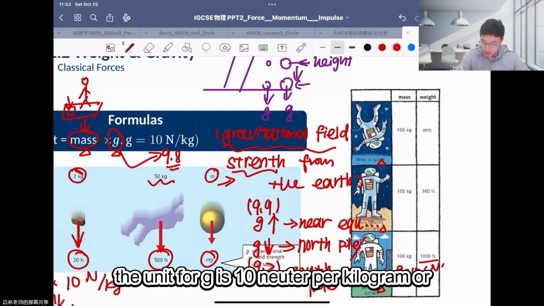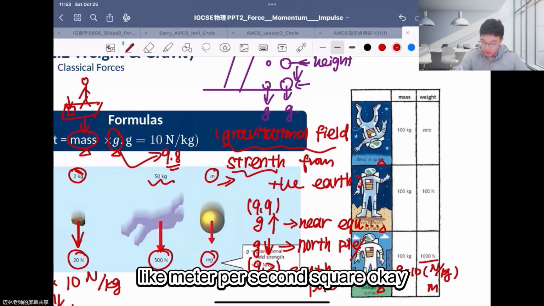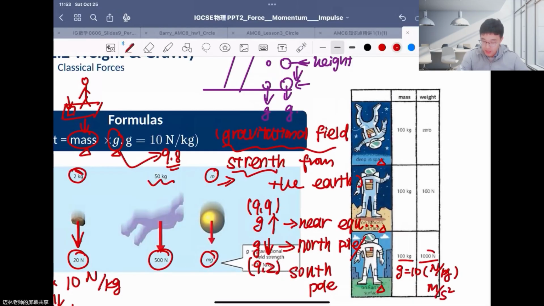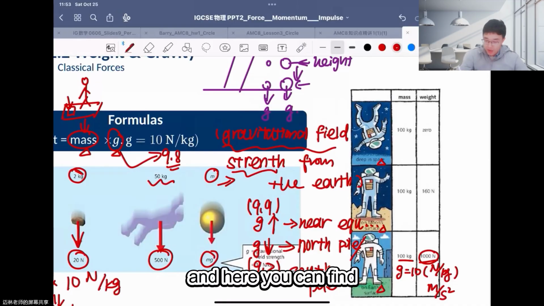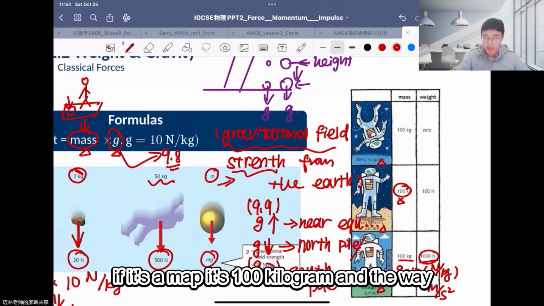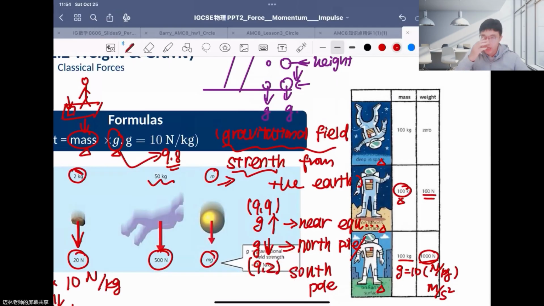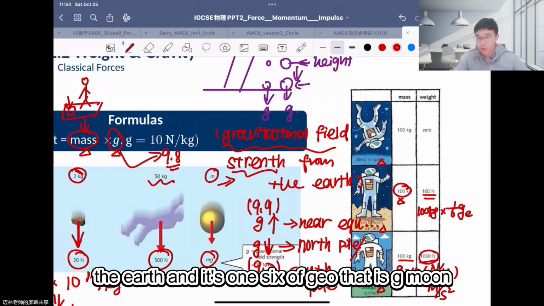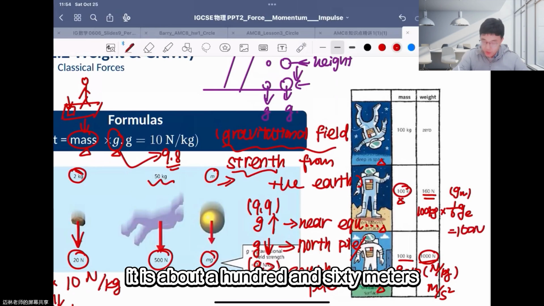The unit for g is Newton per kilogram, or meter per second squared. If the astronaut is standing on the Moon, the mass is 100 kilograms and g Moon is 1/6 of g Earth, so the weight is about 160 Newton.